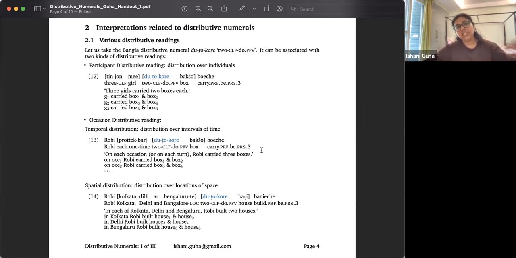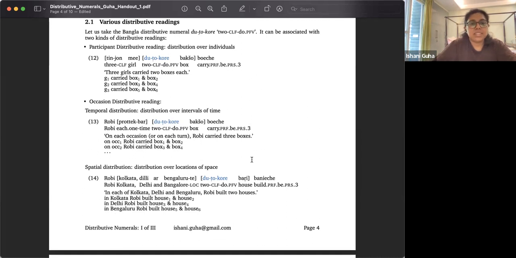So if there are three girls, to each girl atom, I share the two boxes. I give two boxes, or I assign two boxes. So this is distributing over individuals. Individuals means people, animals, objects, things.